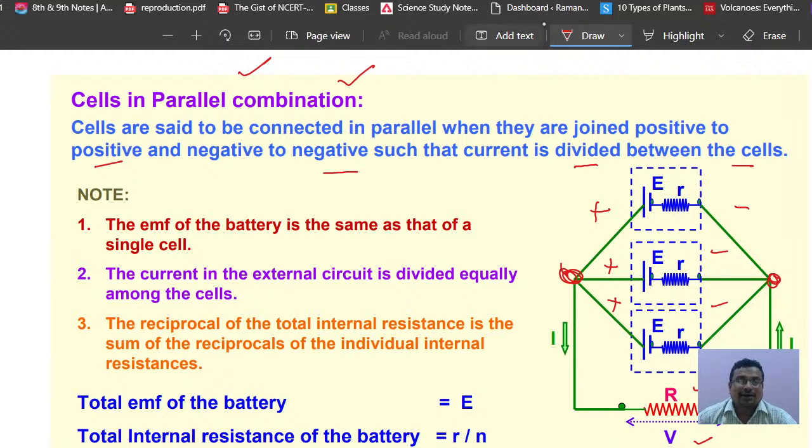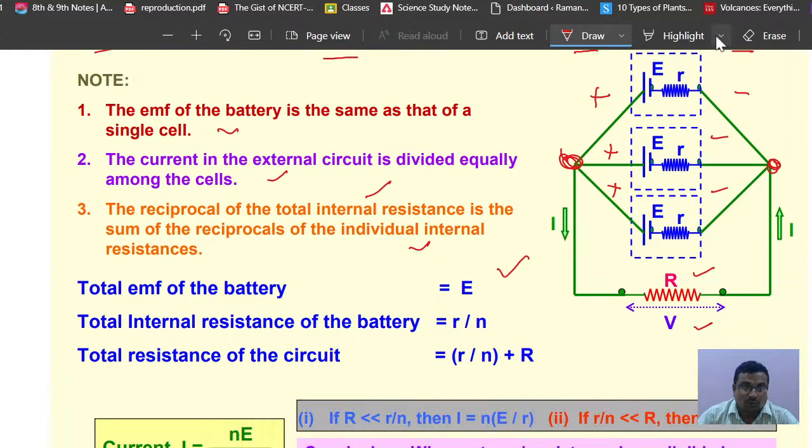So the points regarding cells in parallel combination: the EMF of a battery is the same as that of a single cell. The current in the external circuit is divided equally among the cells. The reciprocal of the total internal resistance is the sum of the reciprocals of the internal resistances. The total EMF of a battery is represented by capital E. The total internal resistance is r by n, n being the number of cells.